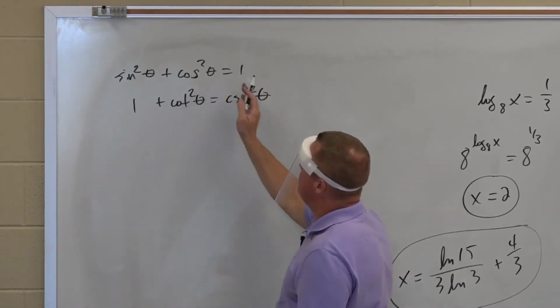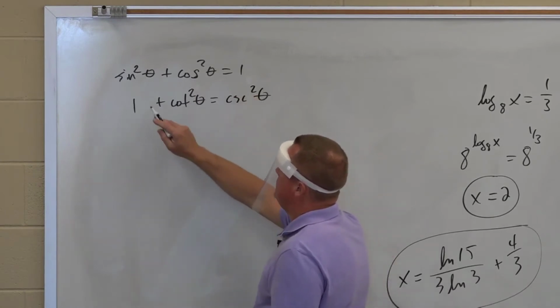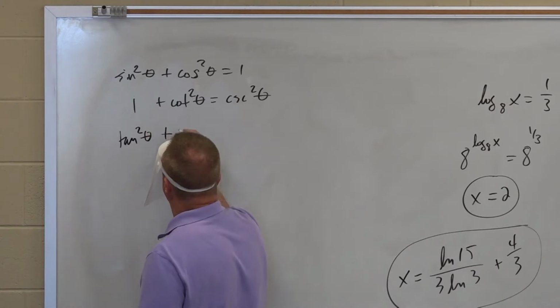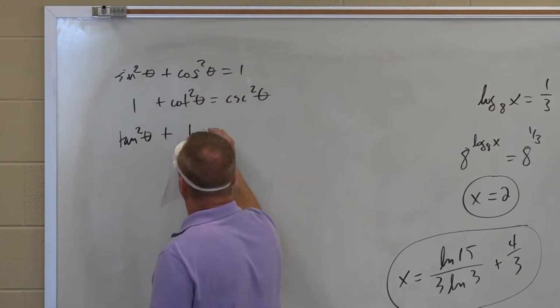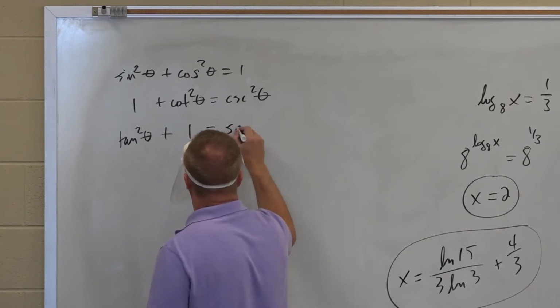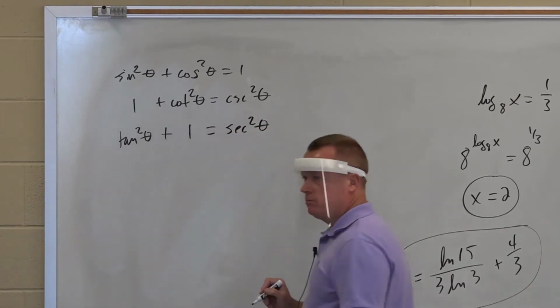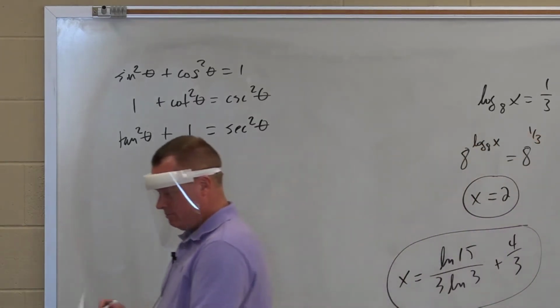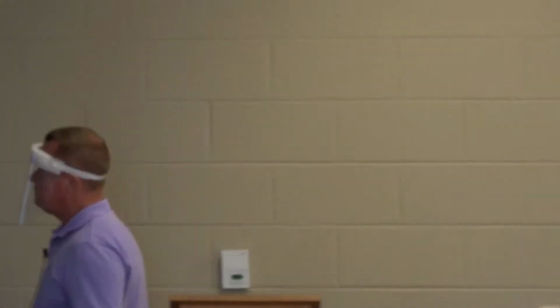If you divide both sides by cosine squared, sine squared over cosine squared is tangent squared. Cosine squared over cosine squared is 1. 1 over cosine squared is secant squared. There's the other one. All right, so those three, definitely, those will pop up a lot.